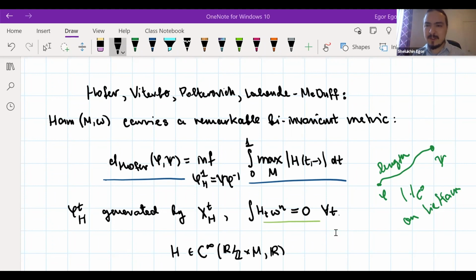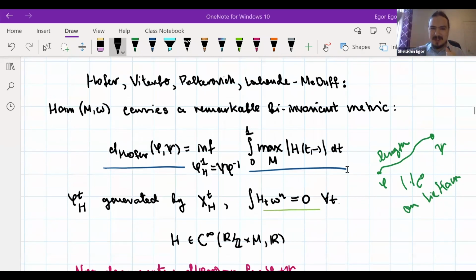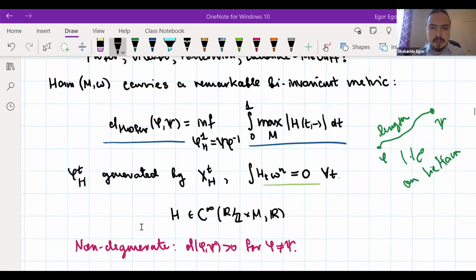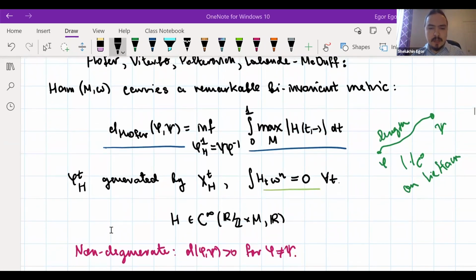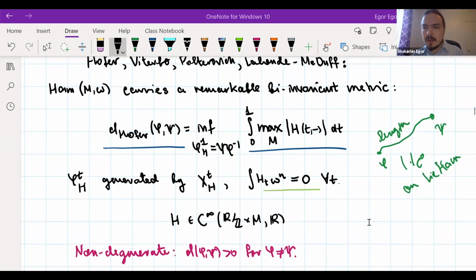So that defines us a metric, right? Indeed, the integral from 0 to 1 of the maximum absolute value of H_t dt is the way to measure the length of a path. And what is really remarkable is that this metric is non-degenerate because, in particular, by Eliashberg and Polterovich, it is false for L^p instead of L infinity, so to say.